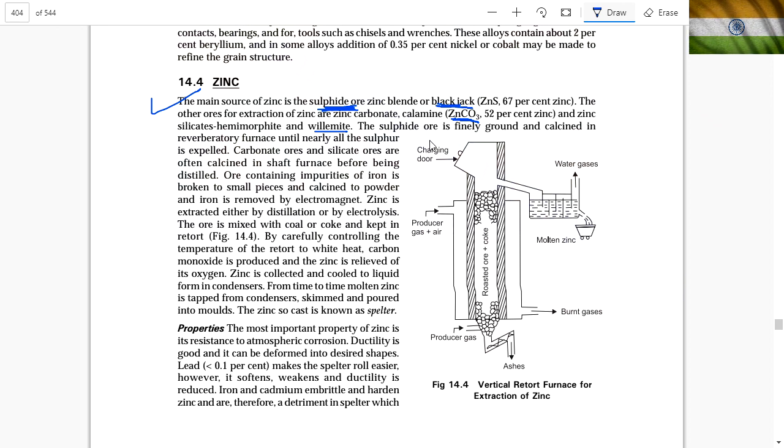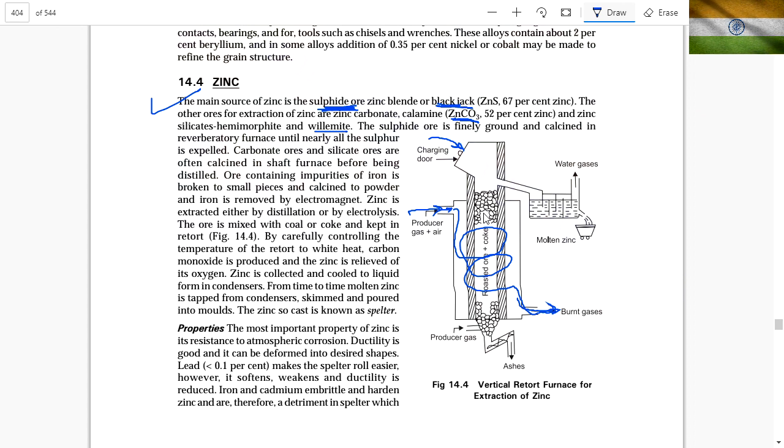You put the charge over here and you blow the gas and air from this nozzle or this opening. It will heat up this whole cell, and the burned gases will come out.